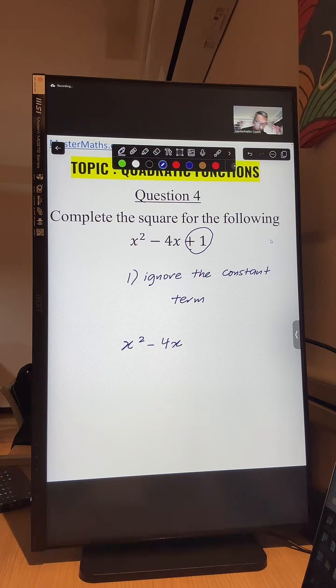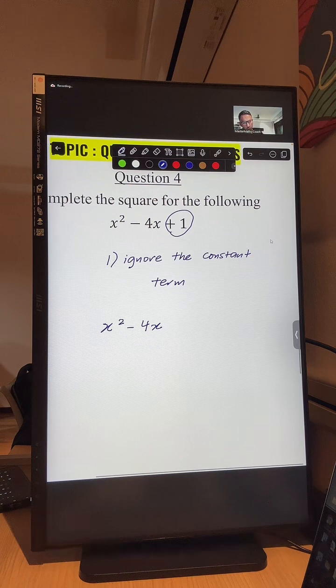We cannot just throw it away. We have to have it there, but we are not going to write it next to the 4x. So what goes next to the 4x, guys?